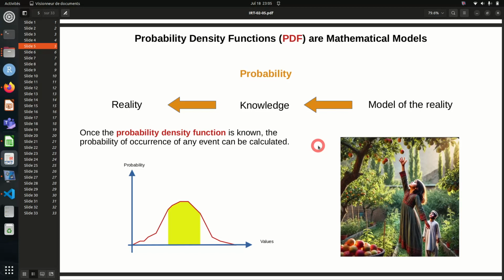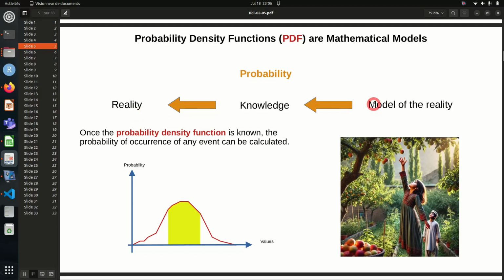These consequences are so important that sometimes you cannot afford to wait for the events to come. You must beforehand know the probability of this event. So for that, you need the model of the reality. Once you have the model of the reality, you can extract from it a knowledge which is going to give you information about possible events.